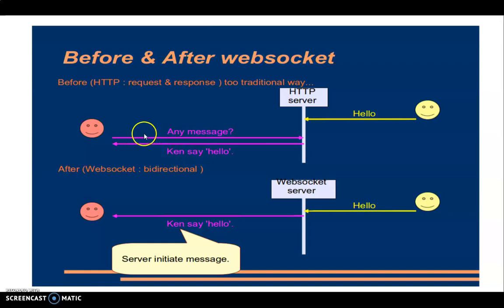Now let us understand how this actually works with WebSocket. In the normal HTTP system, the client is asking the server, is there any message? Because there is no way that the server can push something to the client. If you have WebSocket, initially you start the communication with HTTP, then you upgrade it to WebSocket, and after that the server can communicate.